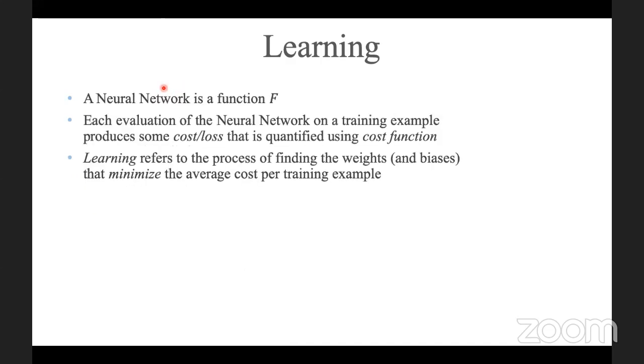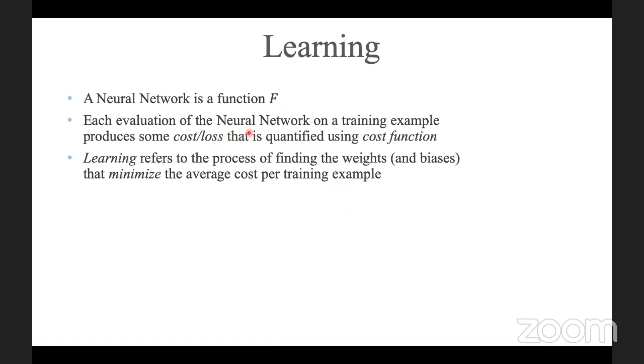So a neural network is a function. I think that was pretty much clear from last time, when you do all those multiplications of weights and apply the activation function. At the end of this lecture, we will see this function a bit more closely.